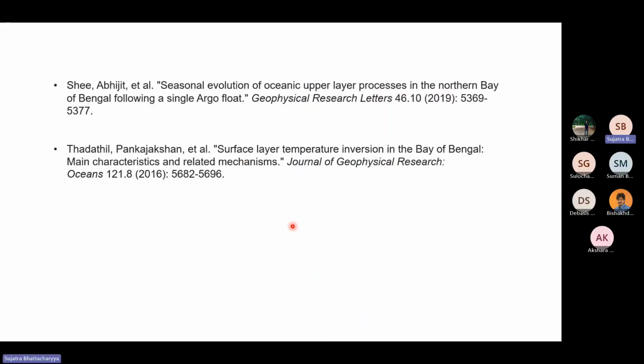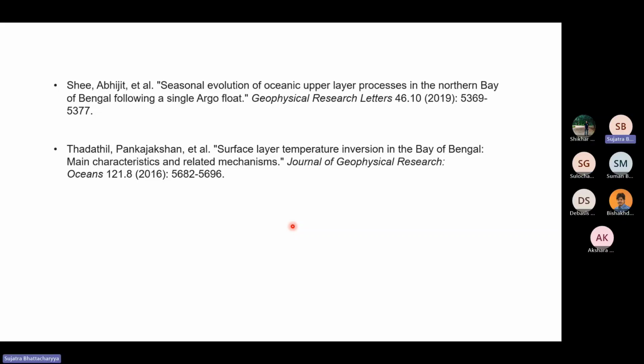So these are some of the basic mechanisms till now. But one of the questions that I have been investigating, and I've still not gotten to the depth of it, is how much contribution of the formation of this inversion layer is due to surface cooling, let's say Q cool, versus the subsurface penetration.